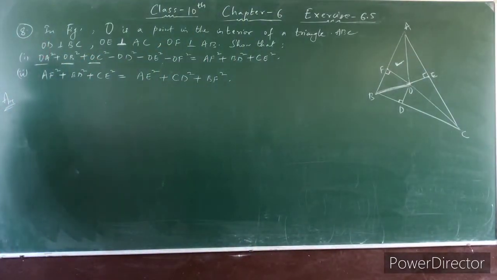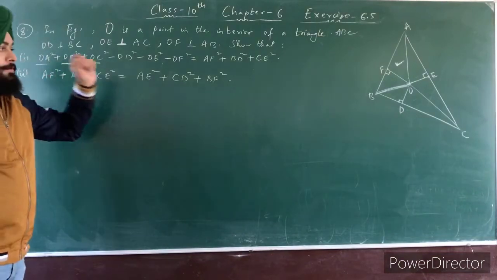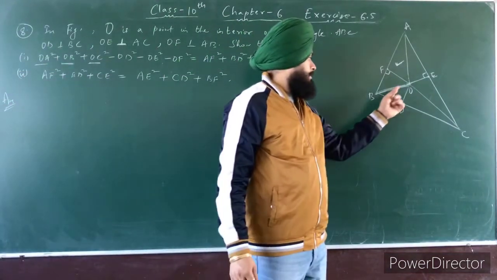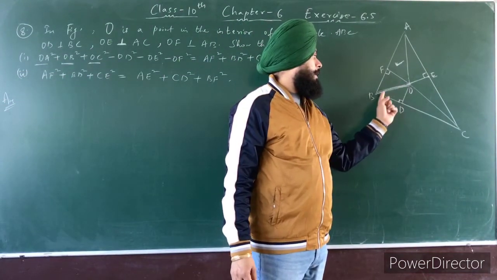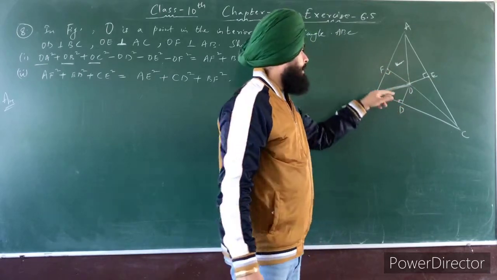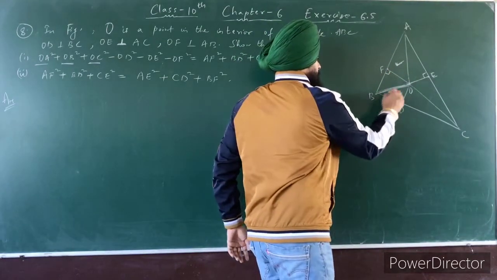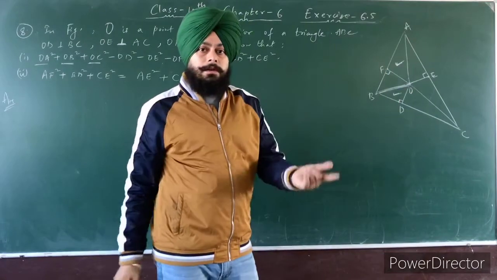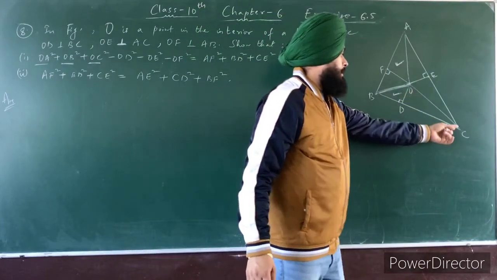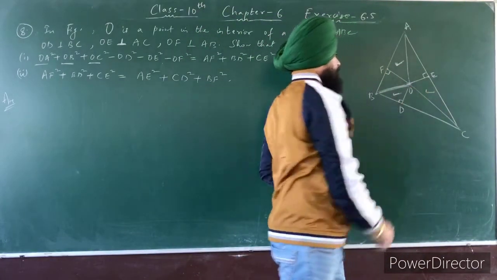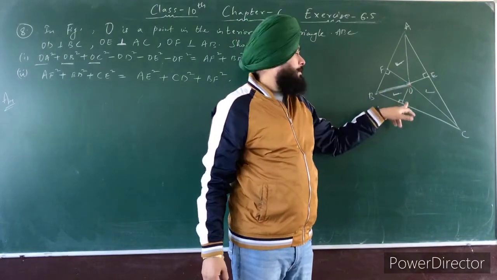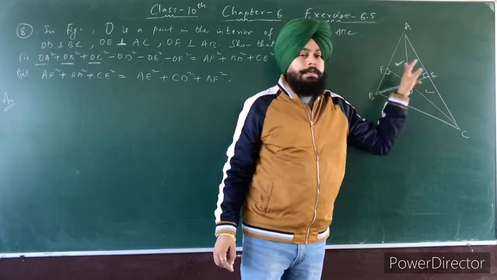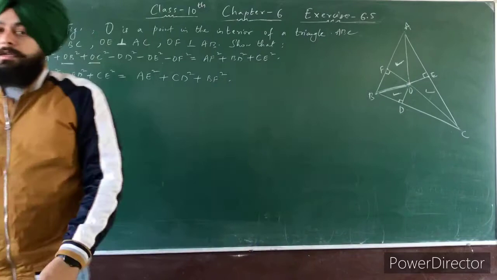Second one, OB. OB comes in again 2 triangles, triangle OBD and triangle OBF. But we will take here which one? Triangle BDO. And the third we will take triangle CEO. Triangle AFO, triangle BDO and triangle CEO. So we have to apply here the Pythagoras property.